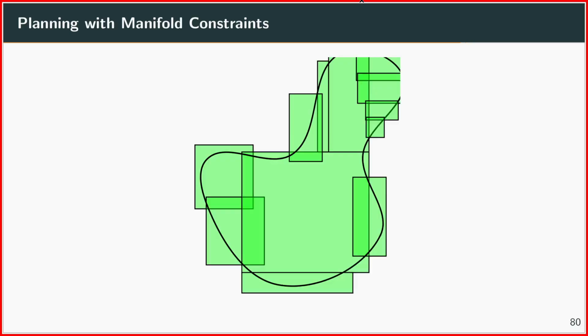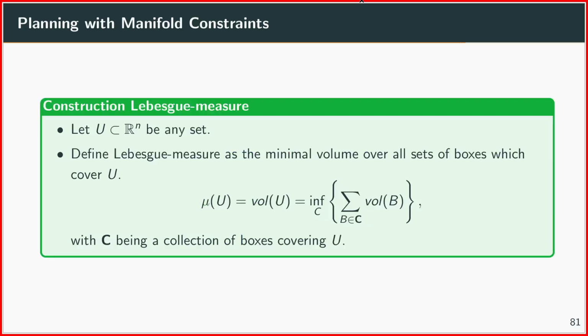So basically, all possible ways of how you can cover this with boxes, you consider them, and then you take just the minimal volume of that. So this is the mathematical definition of how you do it. In practice, of course, you would just take some way of computing the volume here, one way of how you cover the set with boxes.